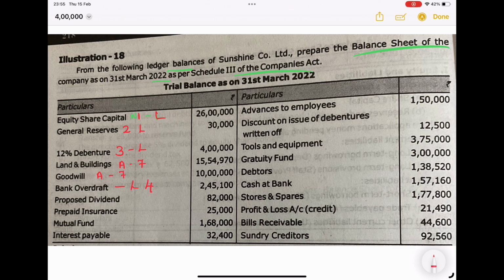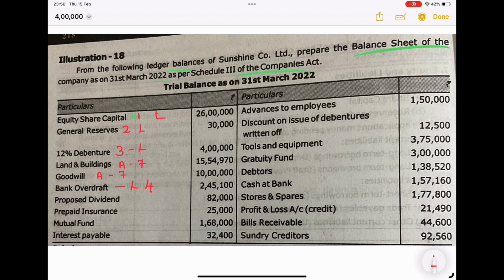Proposed dividend is nothing but a part of profit kept aside for future purpose. If the company declares a dividend, it is not going to pay immediately the next day. They will declare one date. For example, we are going to issue 6 rupees per share, just for example.